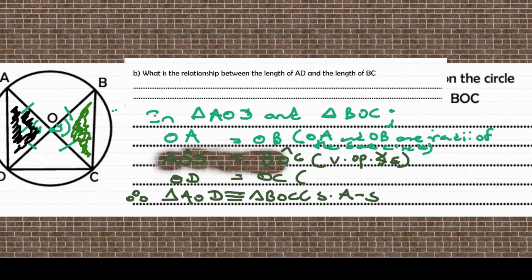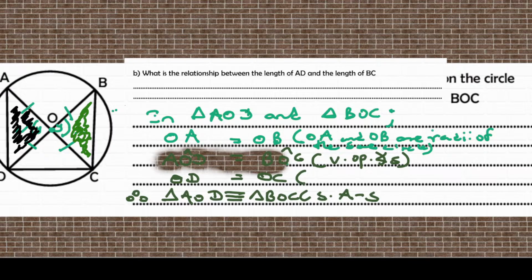So what can you say about AD and BC? They are two sides of congruent triangles. But the main question that you have to ask yourself is, are they corresponding sides? How do you figure out whether AD and BC are corresponding sides? Look for AD's location.